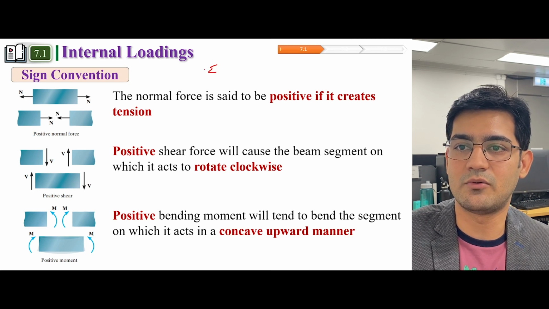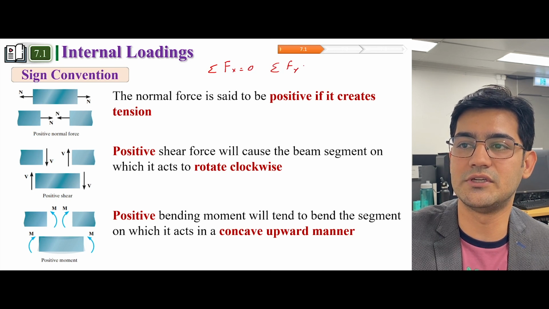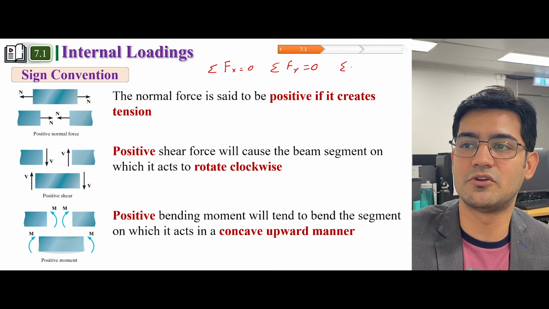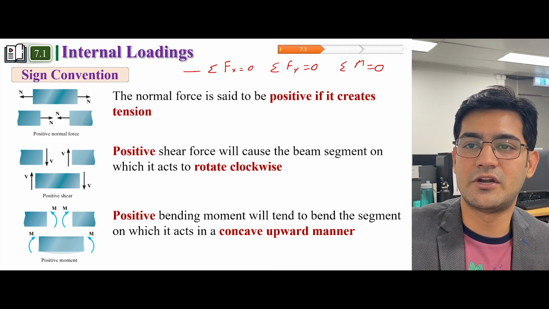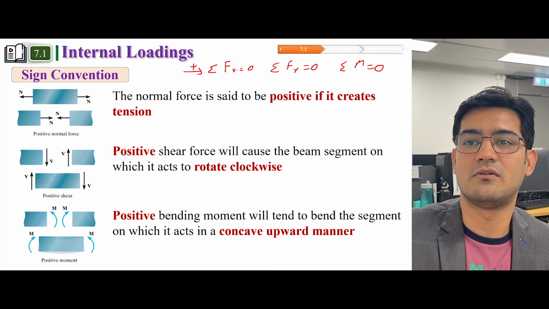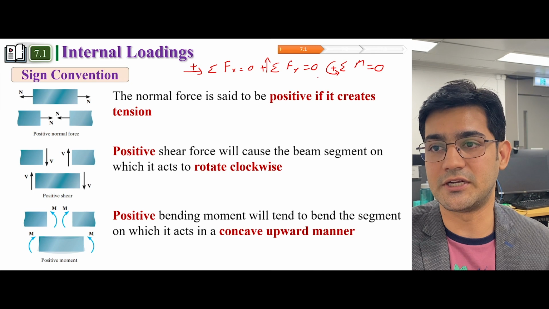Remember in the last chapter we were doing a lot of examples in which we were taking summation of Fx equal to 0, summation of Fy equal to 0, and also summation of moment equal to 0. We considered all the forces acting on the right side to be positive, and for Fy we took all the forces acting in the upward direction to be positive, and for moment we considered all the moments acting anti-clockwise to be positive.